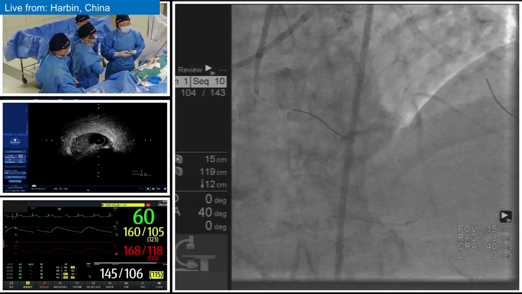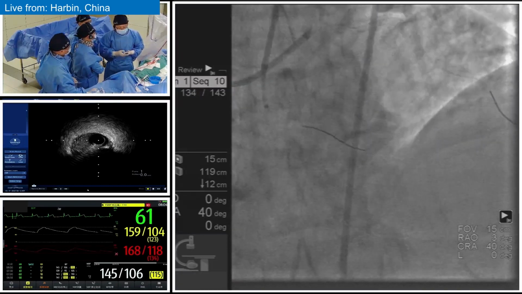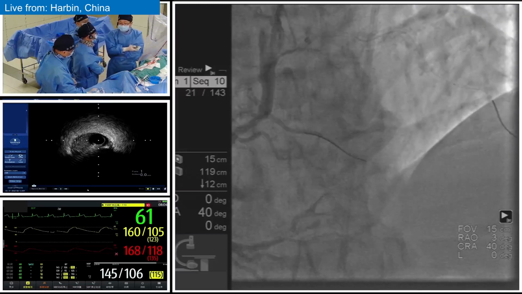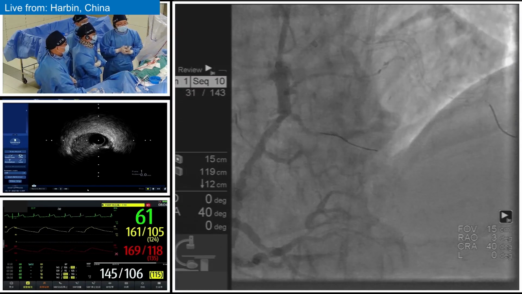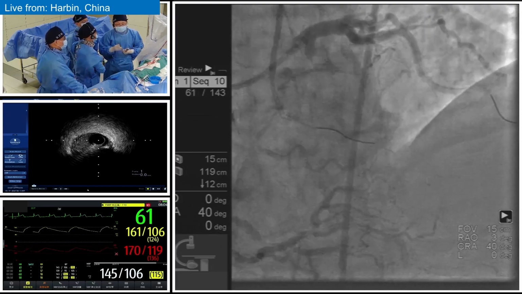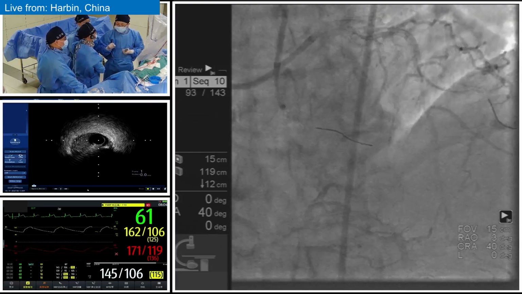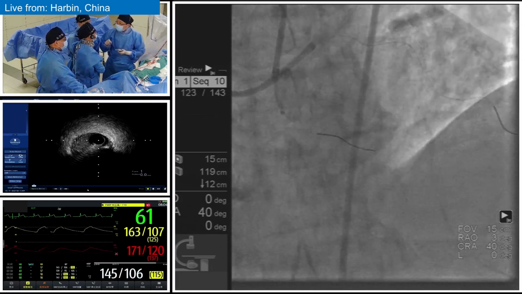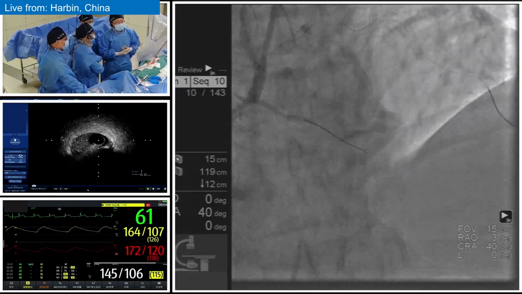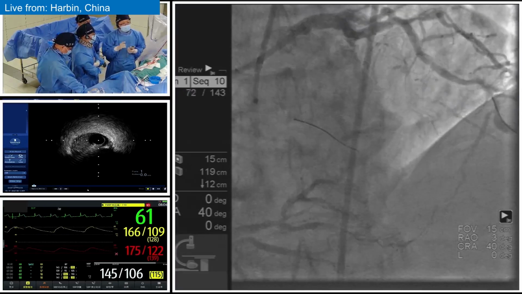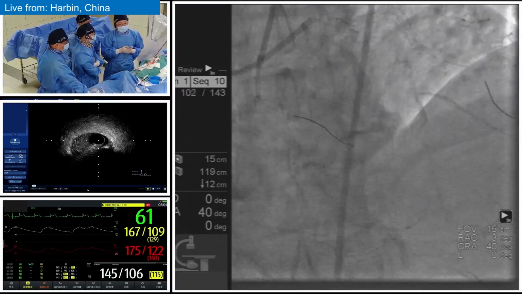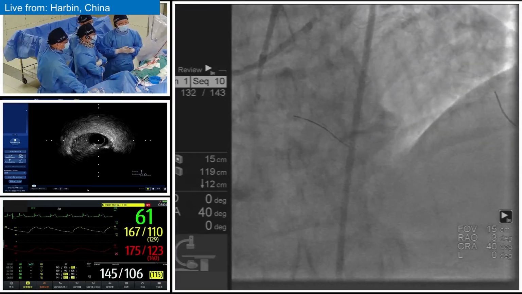Because the CT reconstruction already showed us severe calcification, I think when the wire comes into the CTO body, we may use the knuckle technique, and then we may try ADR.